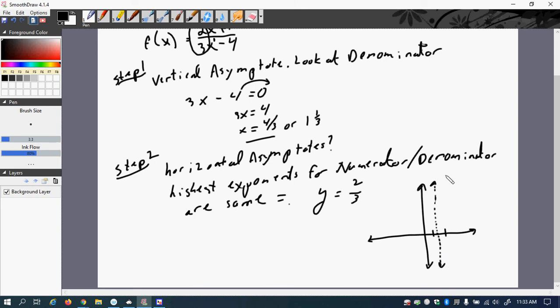And so this is my x equal to 4/3. And then I have another one at 2/3 on the y. So here's 1. So 2/3 is somewhere about there. So it goes in both directions. And so this is the y equal to 2/3.